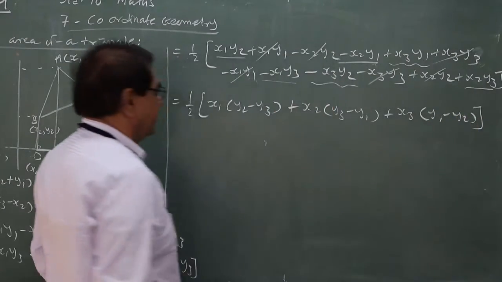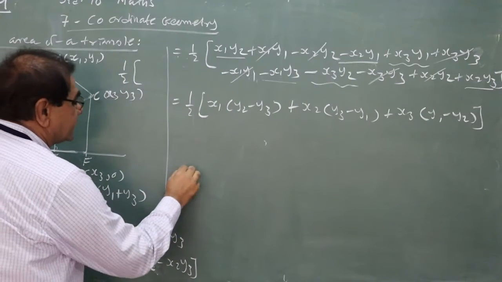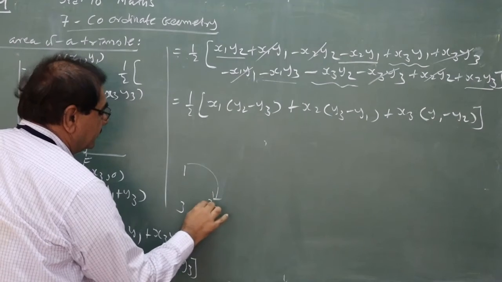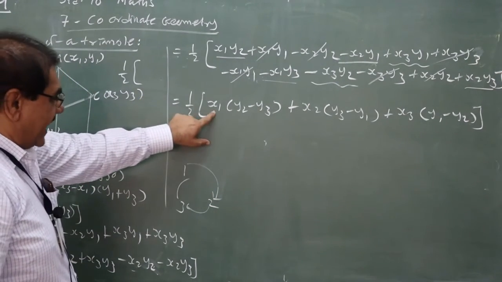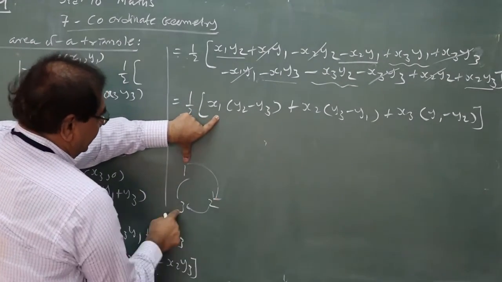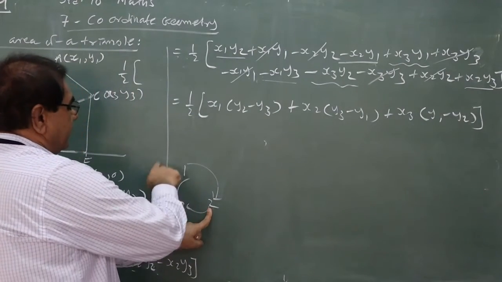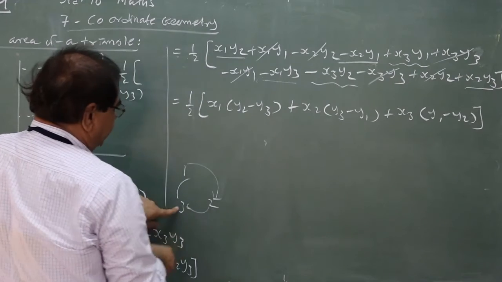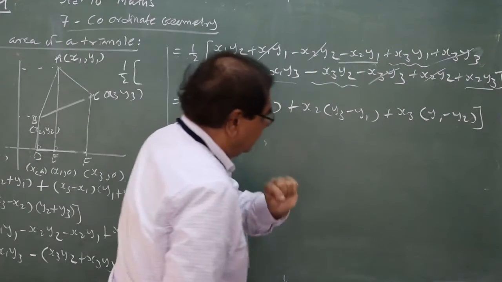Okay, so now it is the formula. Is it clear? Now you check. You get the cycle with 1, 2 and 3: 1, then 2, then 3, then 1. So check: 1/2, x1, then y2 minus y3, cyclic. Then x2, then y3 minus y1. Then x3, so y1 minus y2. Okay? So this is the formula.